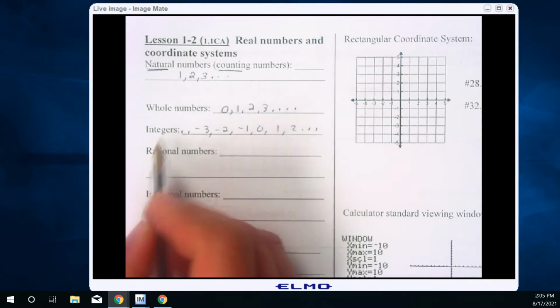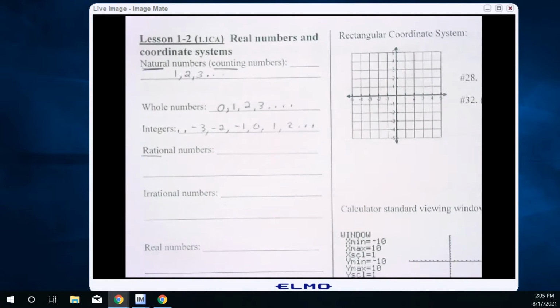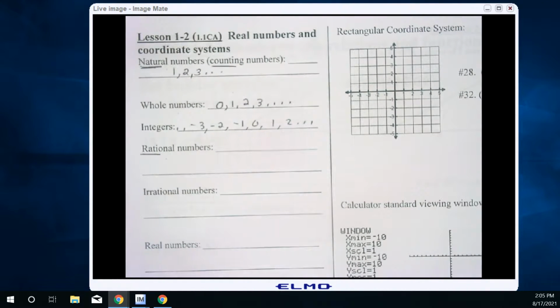So then what is the root word of rational? Who are my English people? Ratio. What is a ratio? It is a fraction. It's also any decimal that can be written as a fraction. So what kind of decimals can be written as fractions?